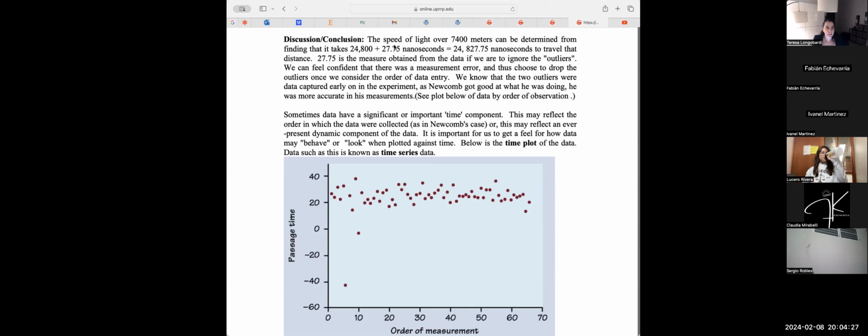It's mostly in here. 2775 is what I get if I use all the data. If I just use the data up here, this is the average, the middle floating.